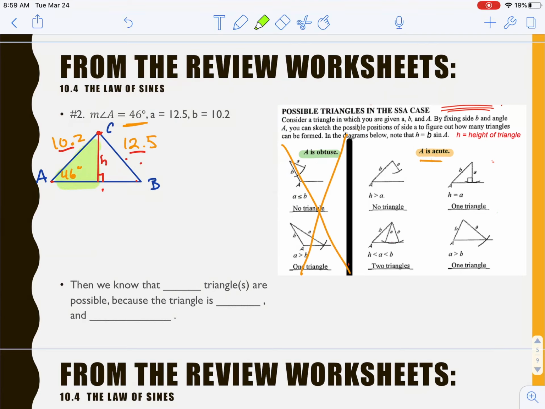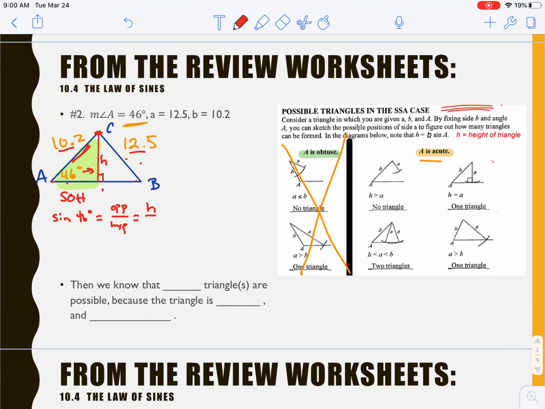Now I can use SOHCAHTOA to find the height. I don't want you guys to panic on this. Just drop the altitude from the vertex that's right in between the two sides you've been given. And now, using the SO part of SOHCAHTOA, the sine of 46 degrees is equal to opposite over hypotenuse. Well, the opposite here is the height, straight across.